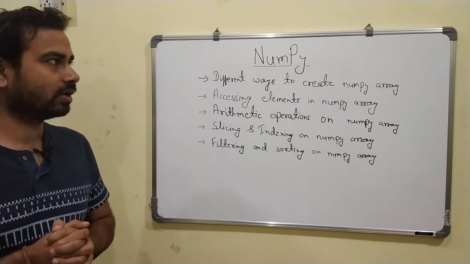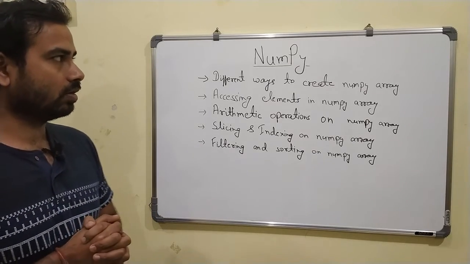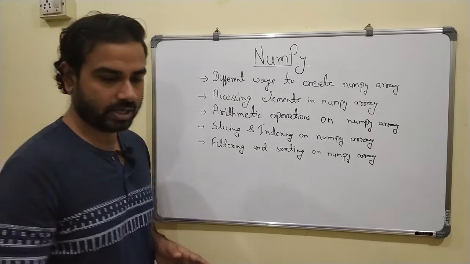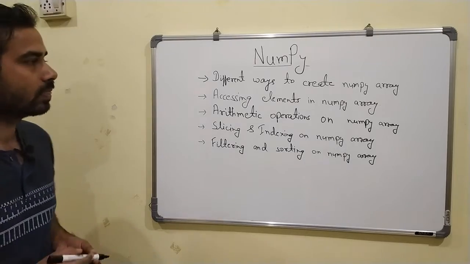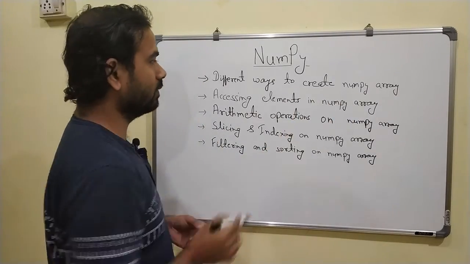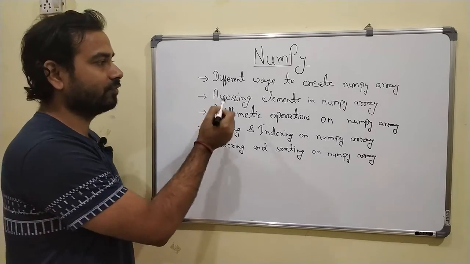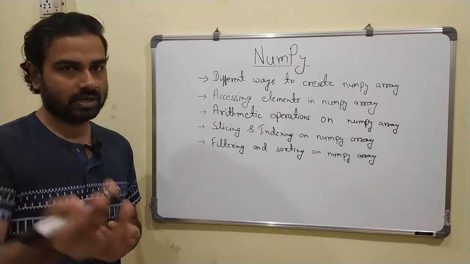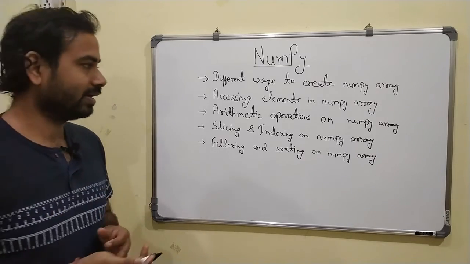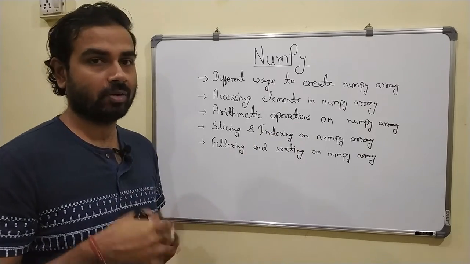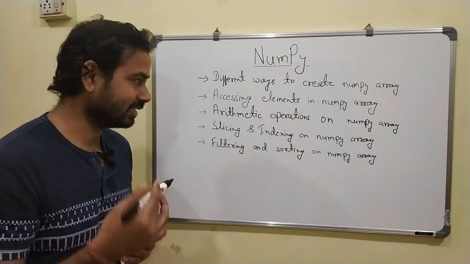So in this particular tutorial we are going to discuss different ways to create NumPy arrays, accessing the different elements in the NumPy array, like how to access a particular element from that array, and what arithmetic operations or what different operations we can do on those arrays.